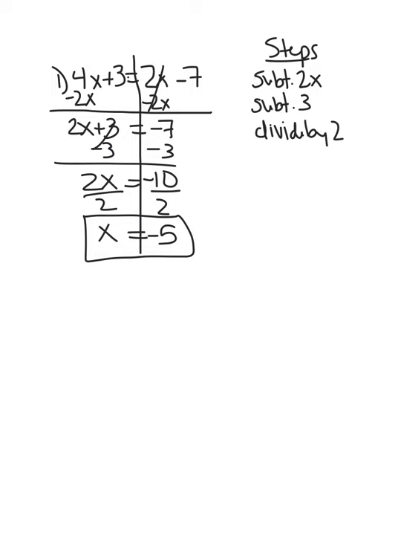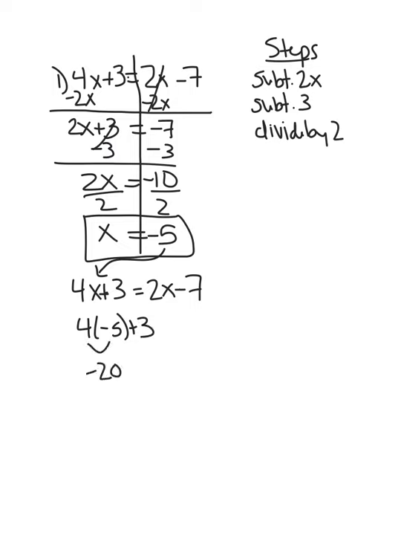X equals negative 5. Once we have an answer, then we should be substituting back into the original problem. So our original problem said 4x plus 3 equals 2x minus 7. So I'm going to take the 4x plus 3 and I'm going to substitute in that negative 5 first. So I have 4 times negative 5 plus 3, which is negative 20, plus 3, which is negative 17.